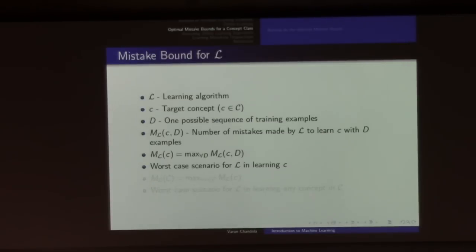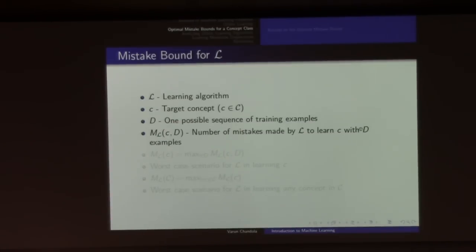So going back here, for a given data set, you can measure how many mistakes you make. That is denoted by M_L(c, D). Okay, let's just call it a function. That's the number of mistakes made by this learning algorithm to learn c with D examples. All right.